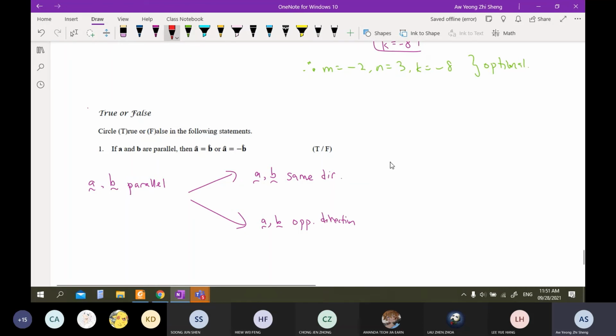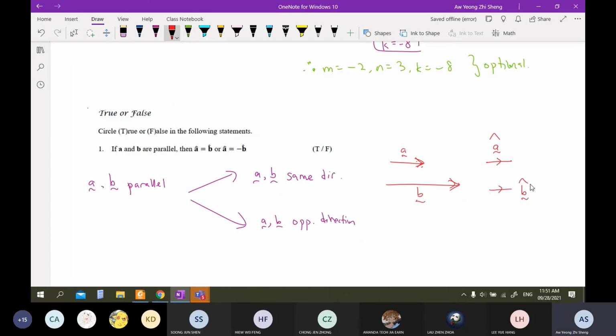For the case when they have the same direction, we can visualize it this way. You can have an arrow a like this and arrow b, a longer one, in the same direction. If a and b have the same direction, you can always shrink their lengths to become one unit, then you will get a hat and b hat respectively.